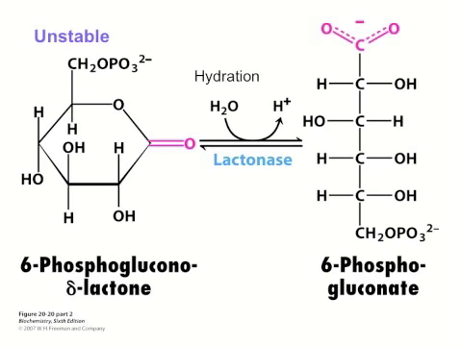In the second reaction, the hydration reaction, we're going to hydrate the unstable ketone to make 6-phosphogluconate. We're going to add water to the ketone at carbon number 1 to form the acid. 6-phosphogluconic acid is rapidly deprotonated to form 6-phosphogluconate.